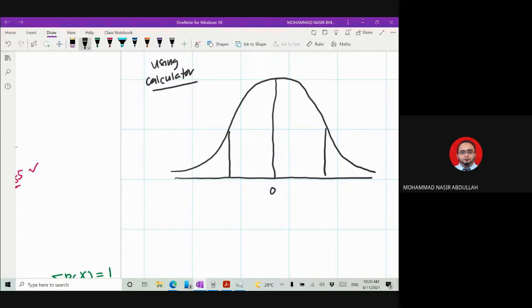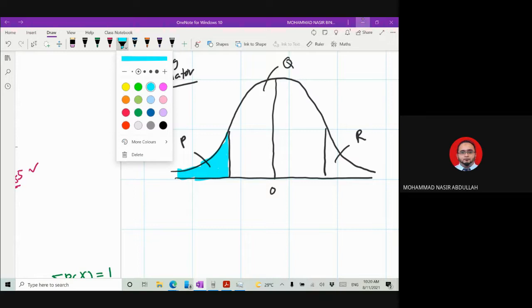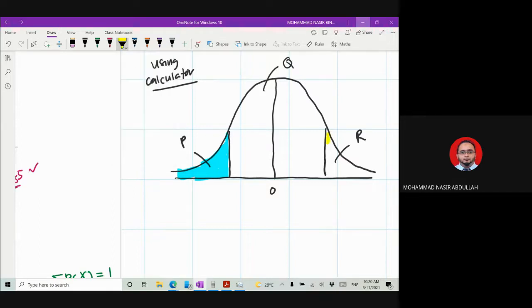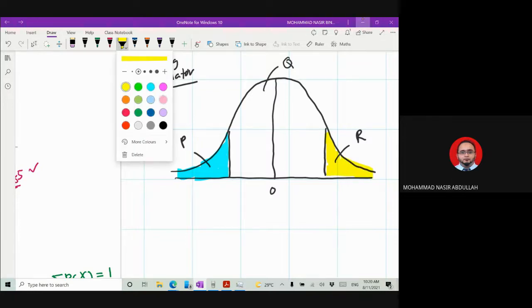So this is P, Q, R. The area to the left hand side we call the P area. The area to the right hand side we call the R area. And the area in the middle we call the Q area.